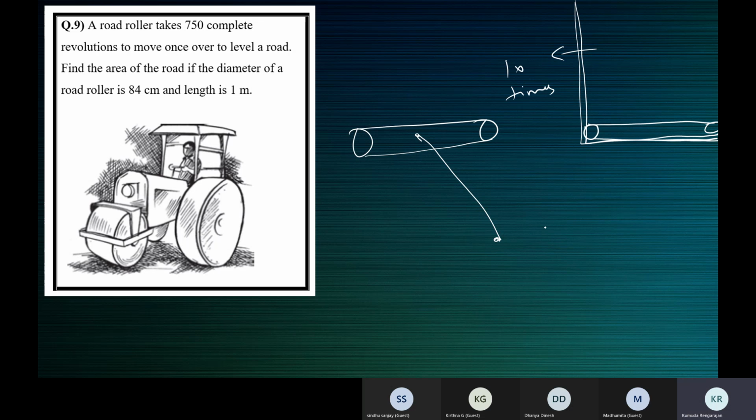You understand what one complete revolution is. Supposing this part is in contact with the ground, it rolls, and when the same part comes in contact with the ground again, that's one revolution.